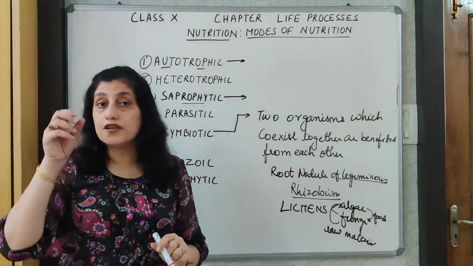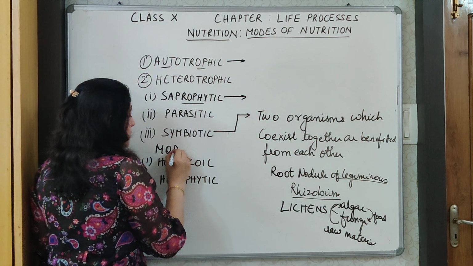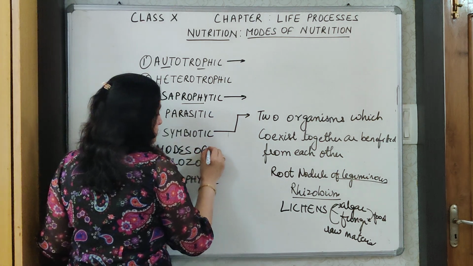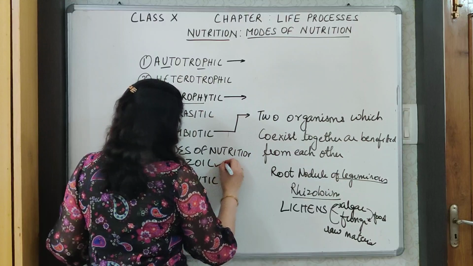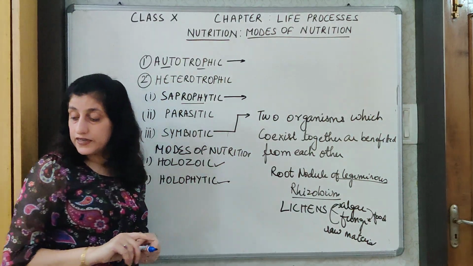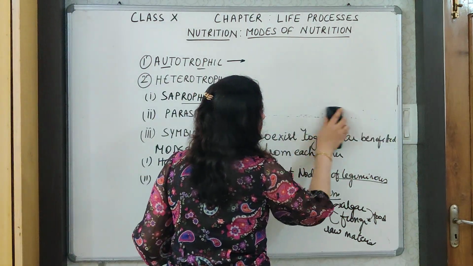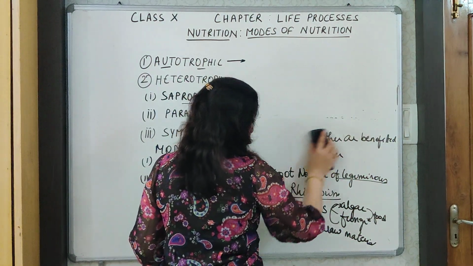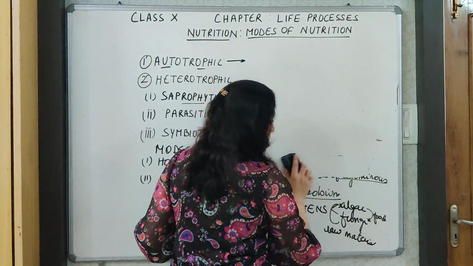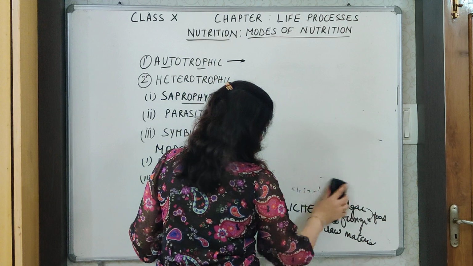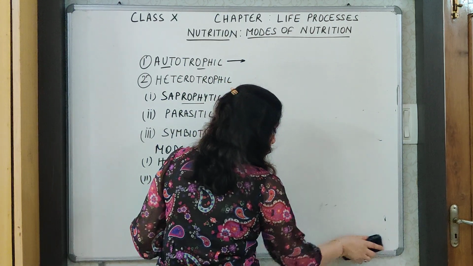Another way of classifying the modes of nutrition is that nutrition is of two types, that is Holozoic and Holophytic nutrition. What are these two terms? In the Holozoic nutrition, the animals take in solid food, and basically this involves the heterotrophic mode of nutrition.